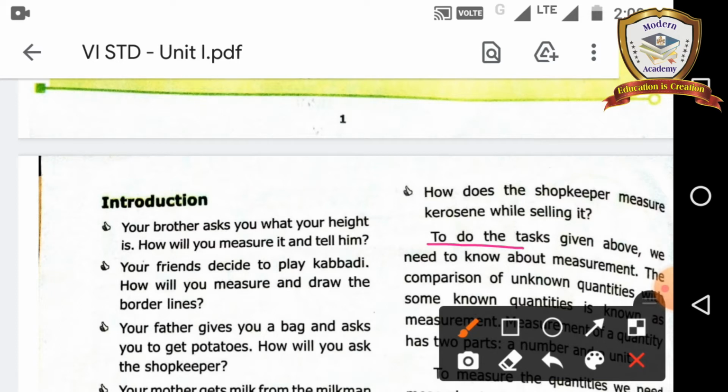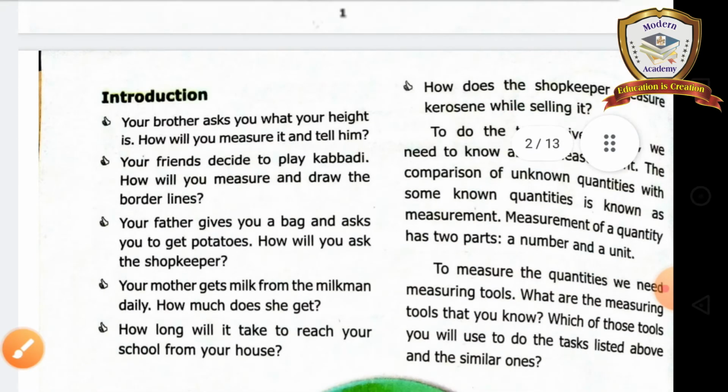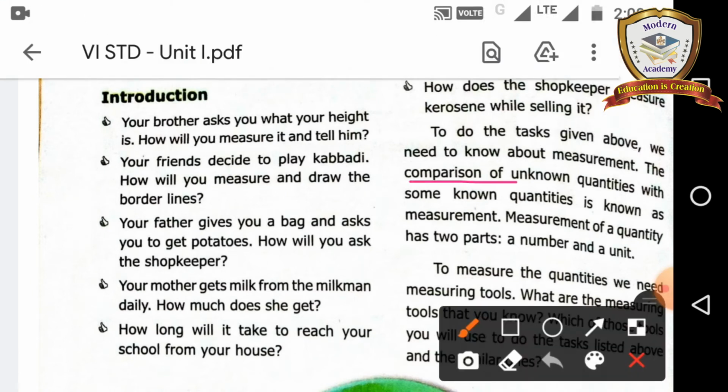So to do the task given above, we need to know about measurement. The comparison of unknown quantities, very important word, the comparison of unknown quantities with some known quantities is known as measurement.